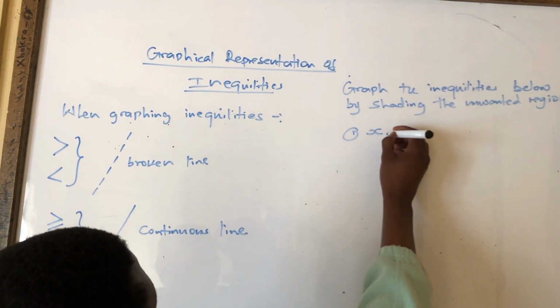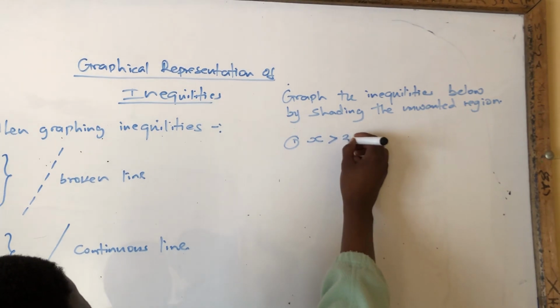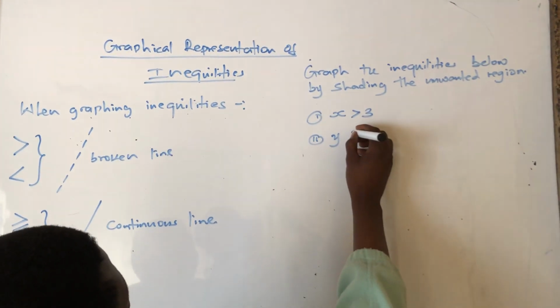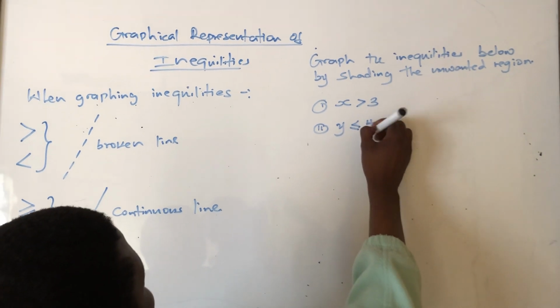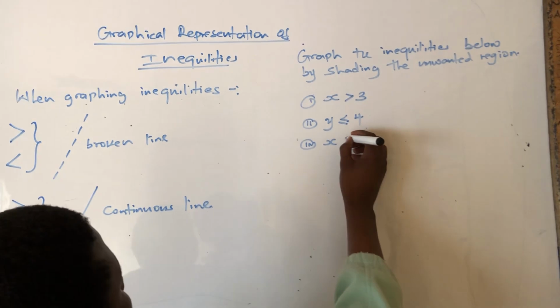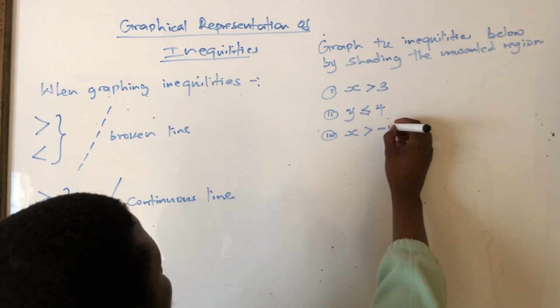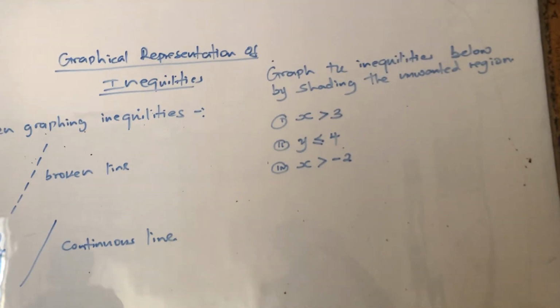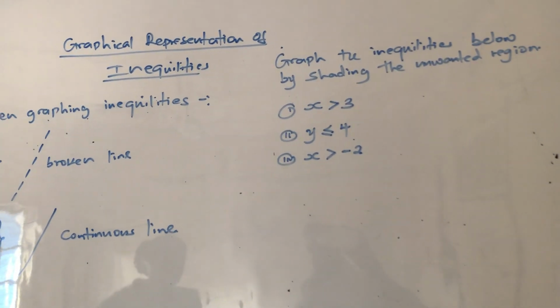Then you are given x is greater than 3, y is less than or equal to 4, x is greater than negative 2. I want us to take those three examples.